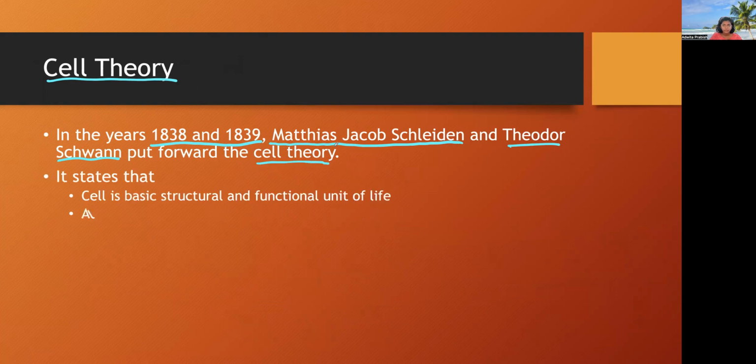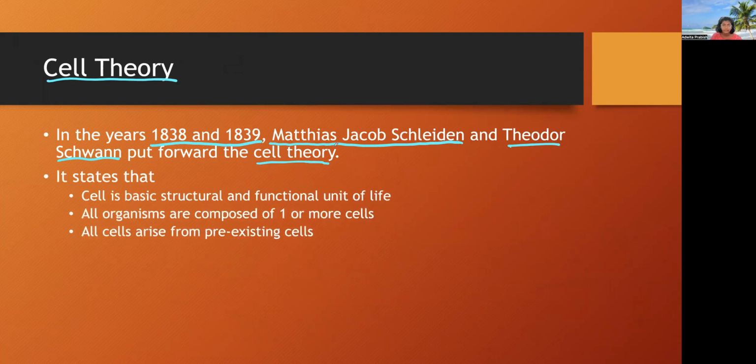So we know that there is a cell theory put forward by these two scientists. So what is in the cell theory? In the cell theory, there are three postulates or subdivisions. The first one says that cell is the basic structural and functional unit of life.